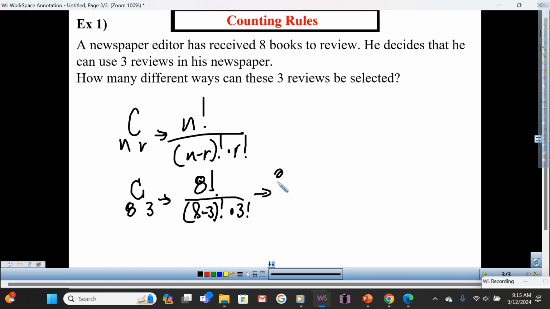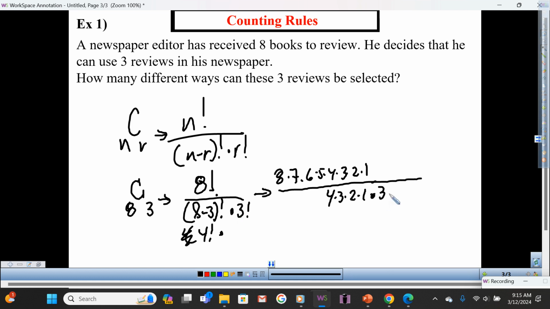So 8 factorial is 8 times 7 times 6 times 5 times 4 times 3 times 2 times 1 over, this is 4 factorial, yes? 4 factorial, which is 4 times 3 times 2 times 1. However, times 3 times 2 times 1.